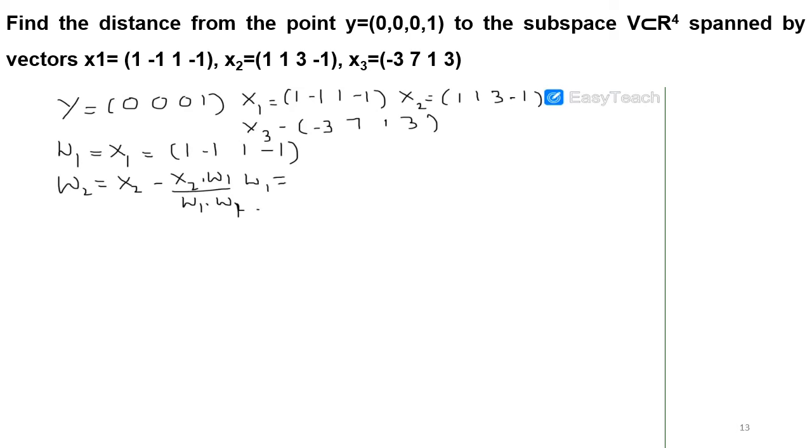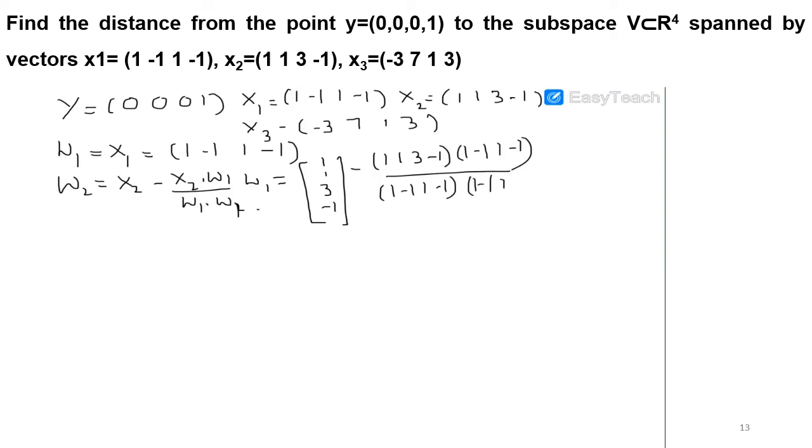That is given by x2, which is 1, 1, 3, minus 1, minus x2 dot W1 divided by W1 dot W1, multiplied by W1, 1, minus 1, 1, minus 1.